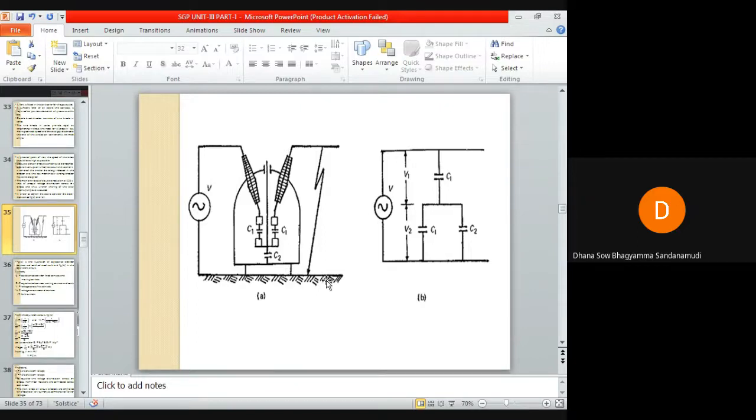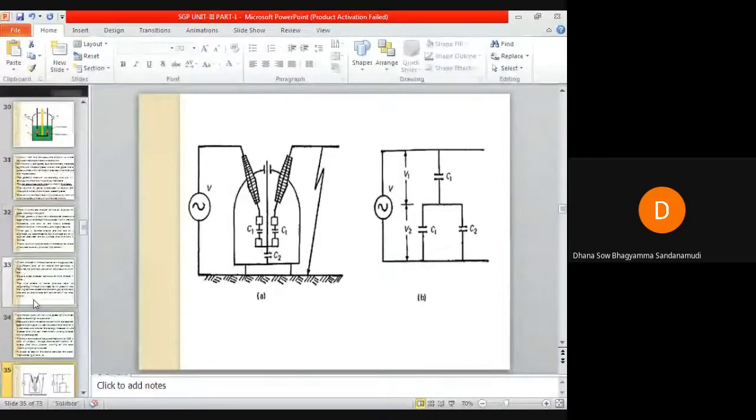They are used in low voltage DC circuits as well as low voltage AC distribution circuits. So this is about the plain break oil circuit breaker.